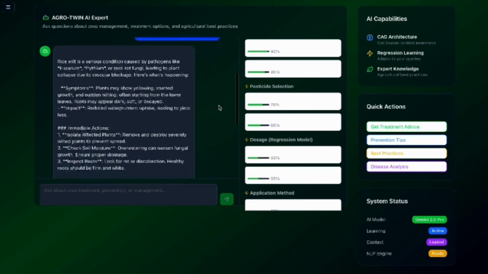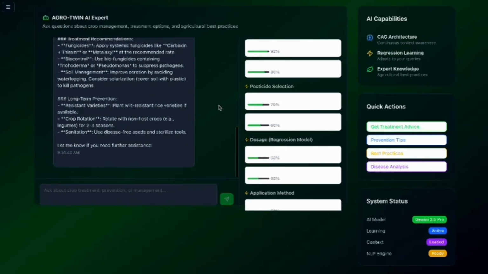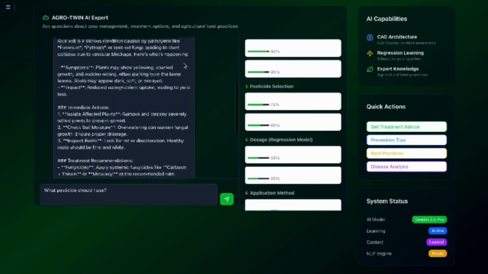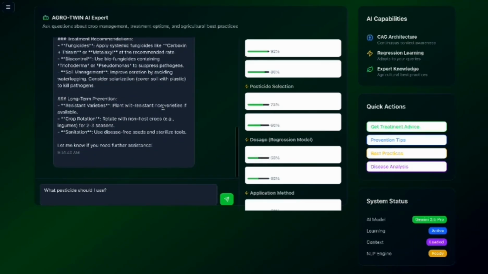Okay. We can go through these to get detailed information about the disease associated with the particular crop. And let us see what pesticide should I use. We are seeking help from that particular AI to get information about what pesticide to be used to mitigate this problem.